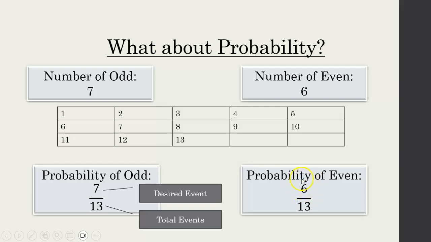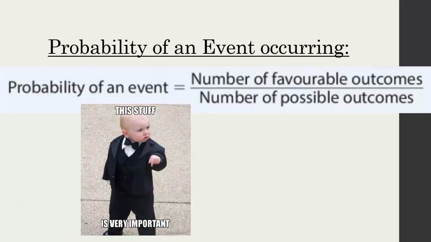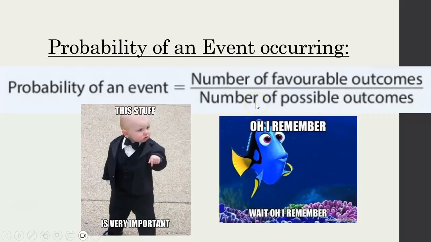There are only 6 even numbers, and the total possible outcomes, the total amount of numbers, was 13. That's what I mean by possible outcomes, just all the outcomes. And the ones we're particularly looking at are the favorable outcomes. So it's super important that you remember this. This comes up all the time, and all probability is based around this kind of idea.